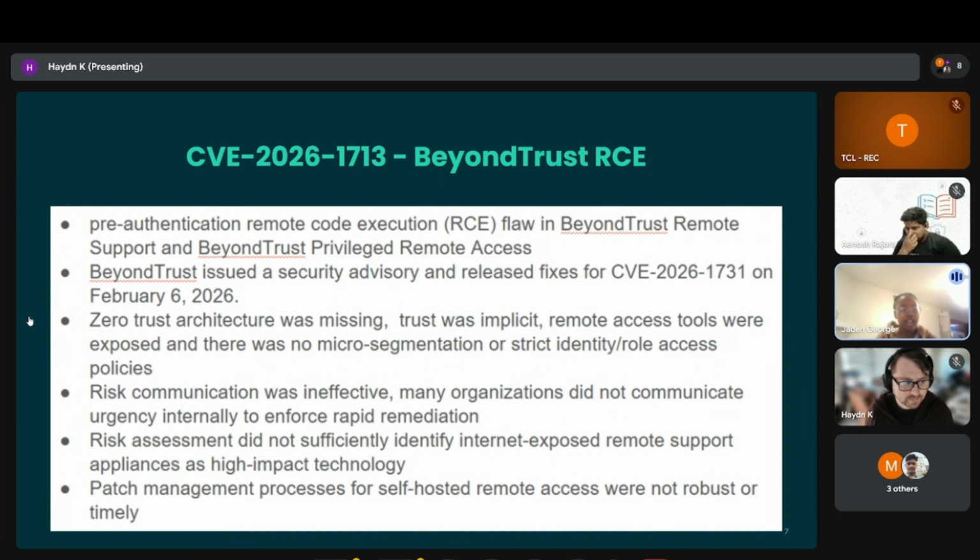Risk treatment planning lacked urgency triggers for critical third-party exposures, and also risk management processes for self-hosted remote access weren't robust or timely, and so it just overall was a mess. And so yeah, those are kind of the key things about this vulnerability.